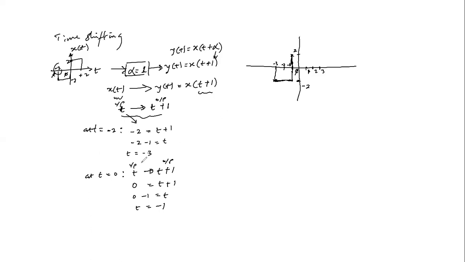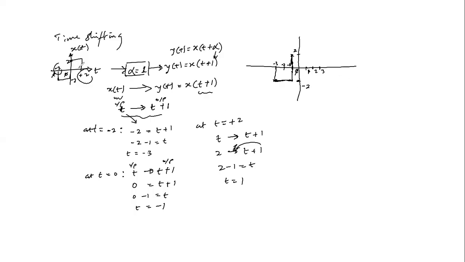Then at t equal to +2, we have the relationship t at the input and t plus 1 at the output. That's 2 being the same as t plus 1. So 2 plus -1 equal to t. So that will be t equal to 1.